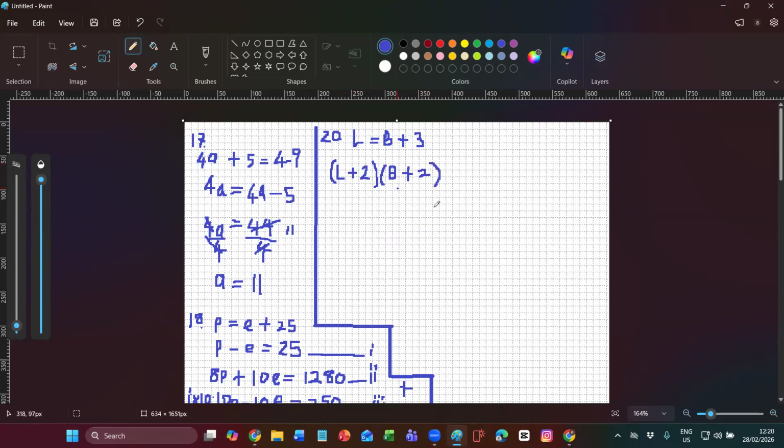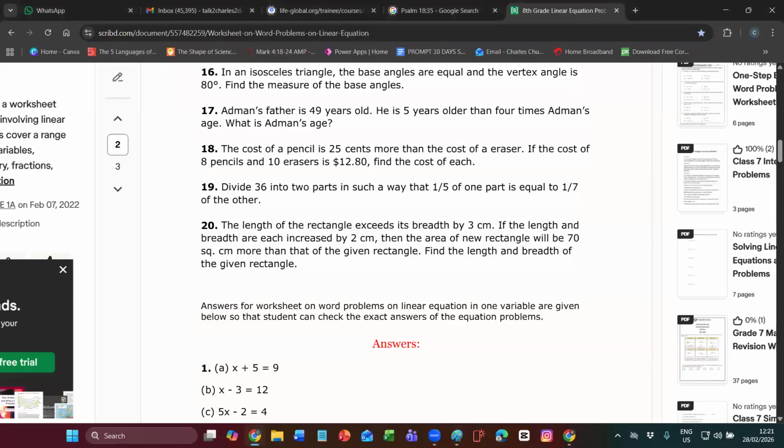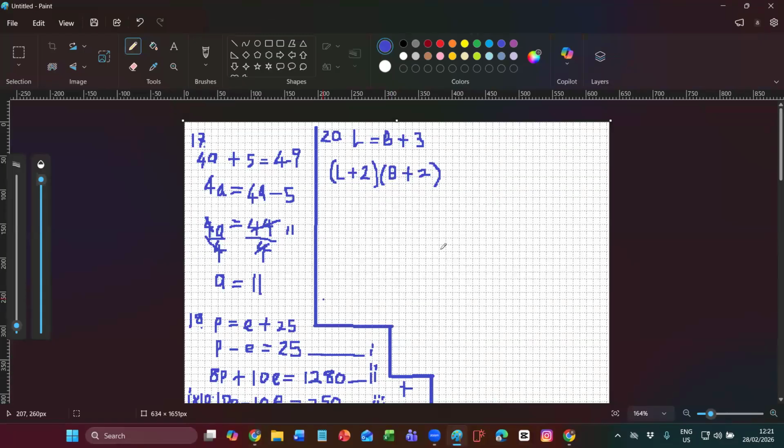So this L plus 2 and B plus 2 are the length and breadth of the new rectangle. Now, the area of the new rectangle will be 70 square centimeters more than. "Will be" is another synonym for "is", so you are free to put equals to here.